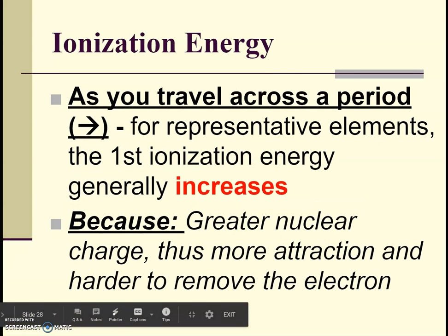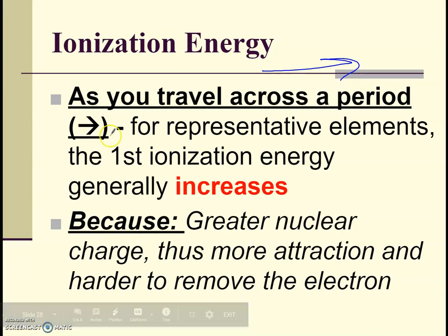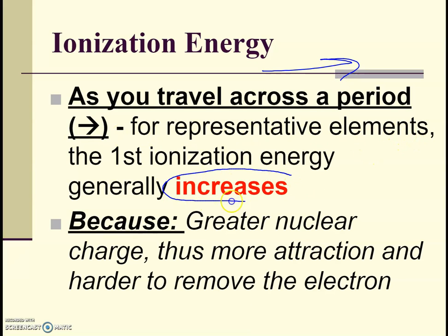So what's going to happen as we go across a period? As we go across a period for those representative elements, it's going to take a lot of energy. It's going to be really difficult to steal from those little munchkins from Wizard of Oz. Remember, they have a very strong nucleus and those shrink-wrapped electrons that are being pulled down.